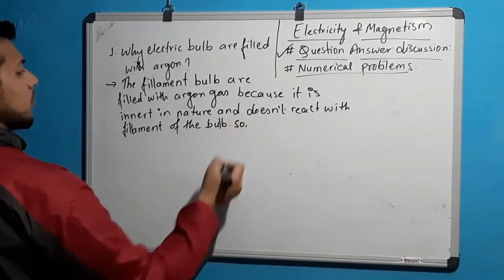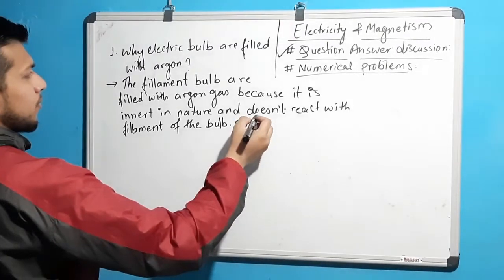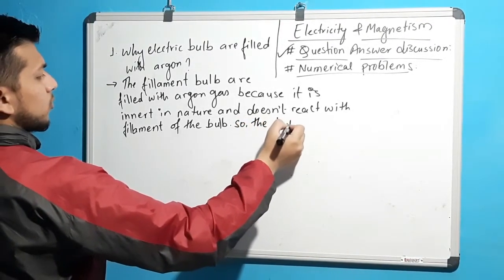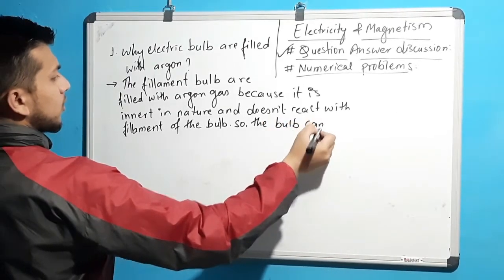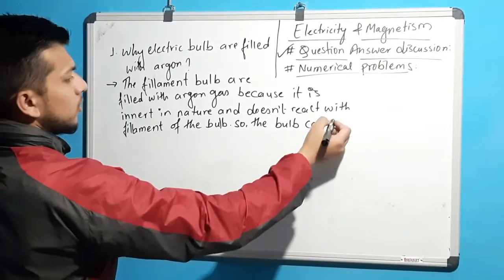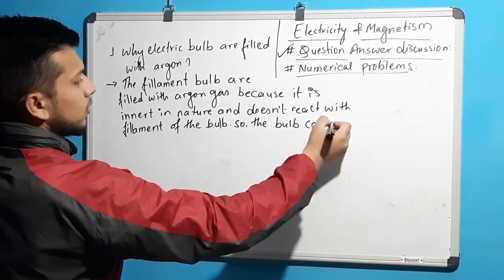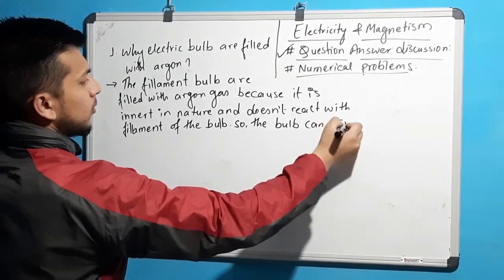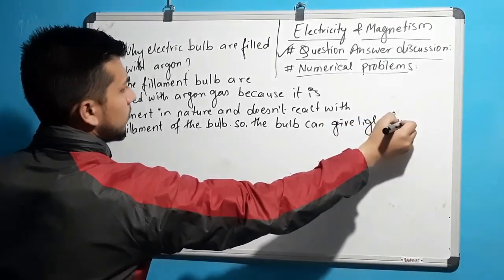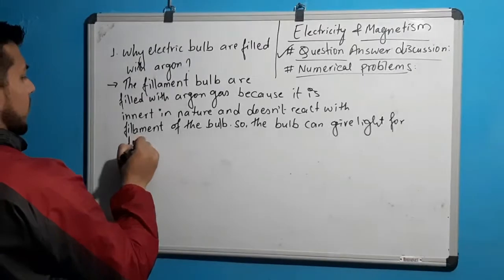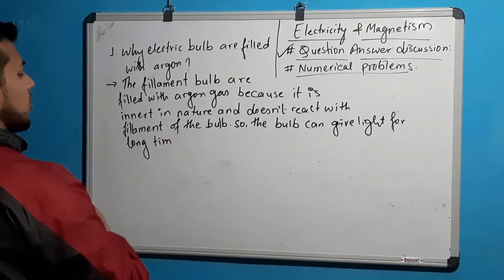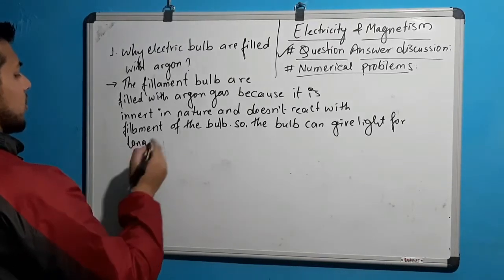So the bulb can give light for a long time or long duration. This is better.